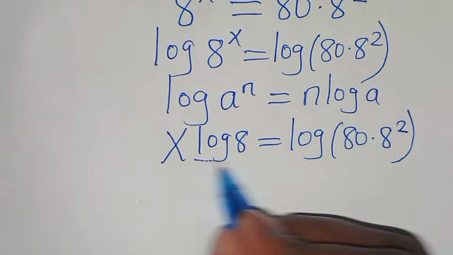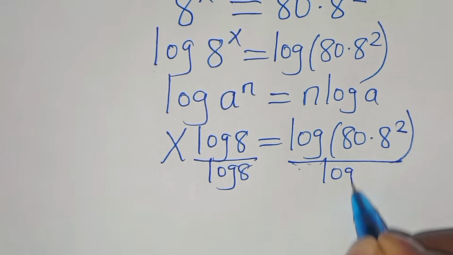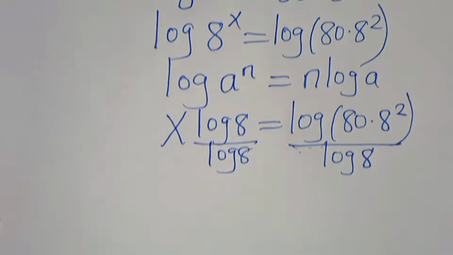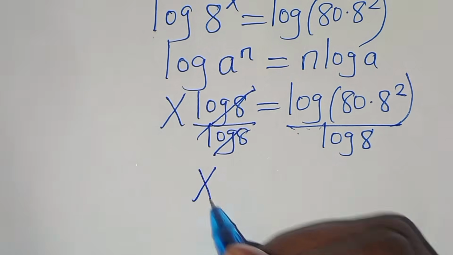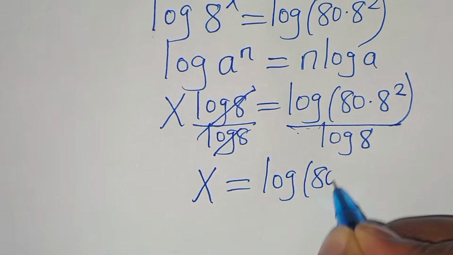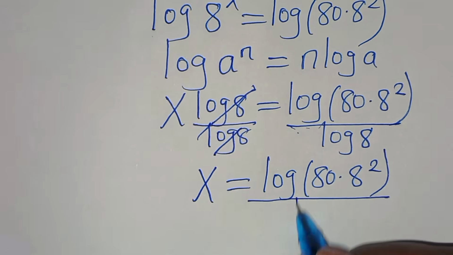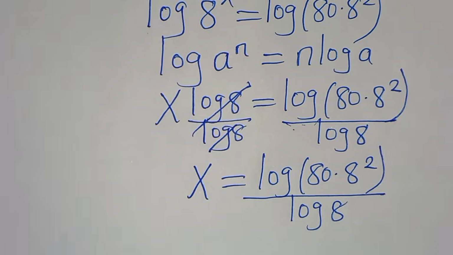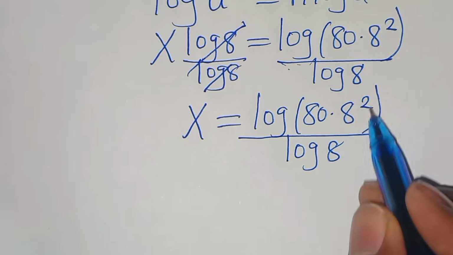So let's divide both sides by log 8, so that now log 8 here simplifies, so that we have x is equal to log 80 multiplied by 8 to the power of 2. Everything here divided by log 8. Now, log 80 times 8 to the power of 2.